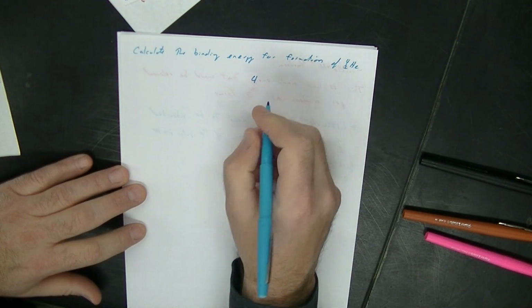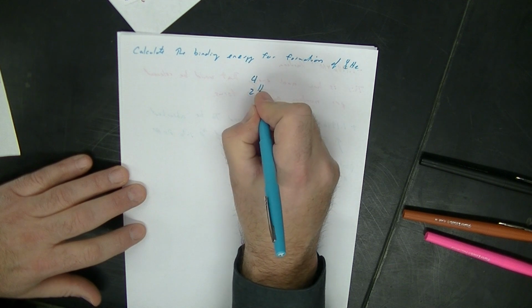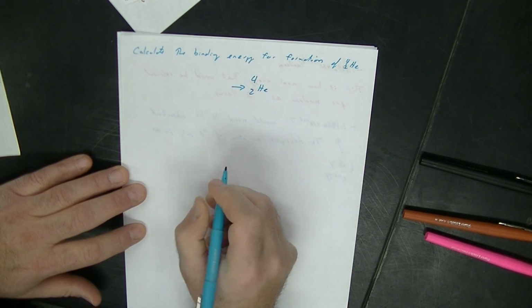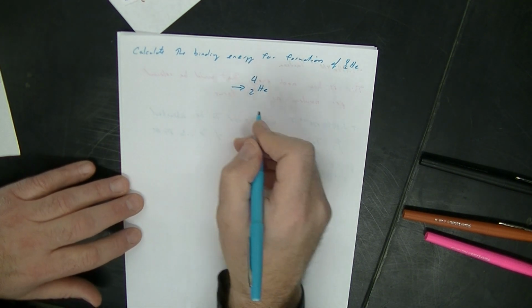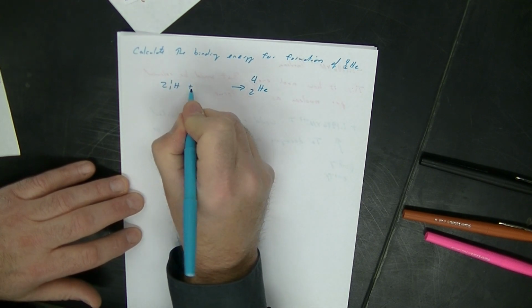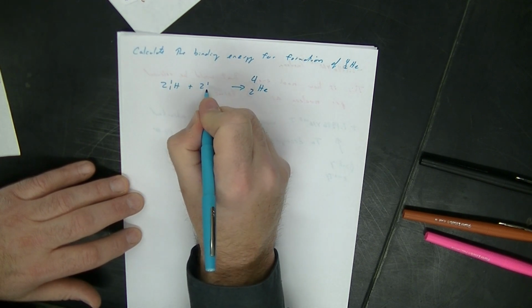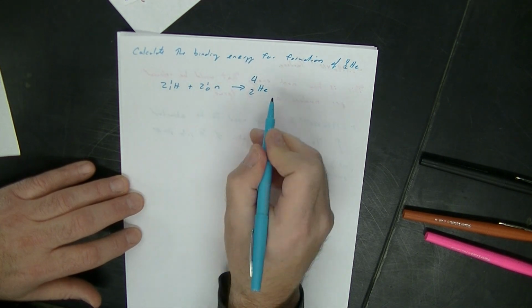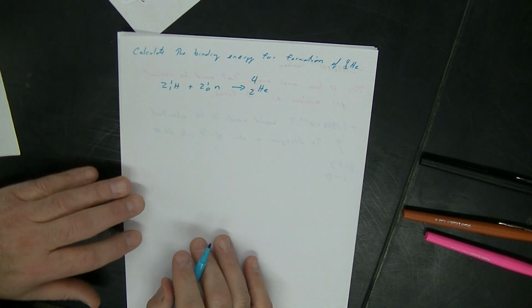All right, so our helium atom is 4,2 He, that's what we're making. We need 2 protons, and we need 2 neutrons. They will come together to form this helium nucleus.